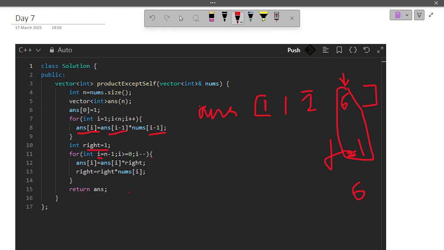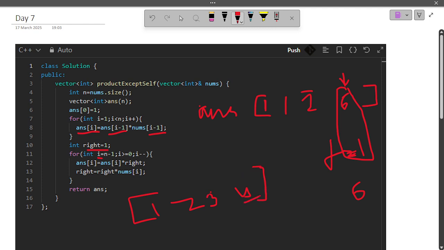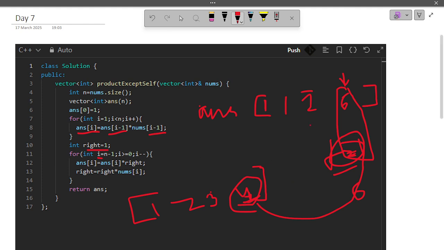What does nums of i become? The array is 1, 2, 3, 4. Now nums of i becomes 4. Okay, 4 and right is 1. So right into nums of i becomes 4. So next time the value of right is 4.